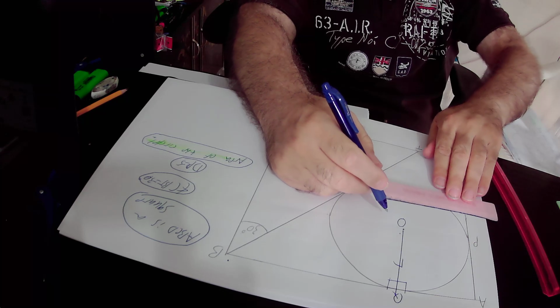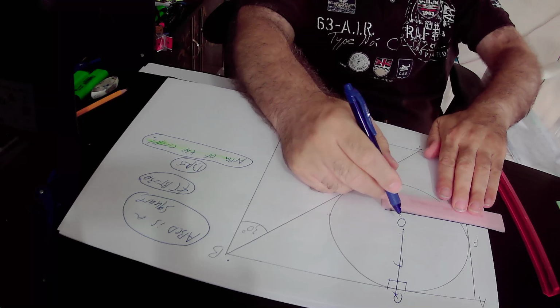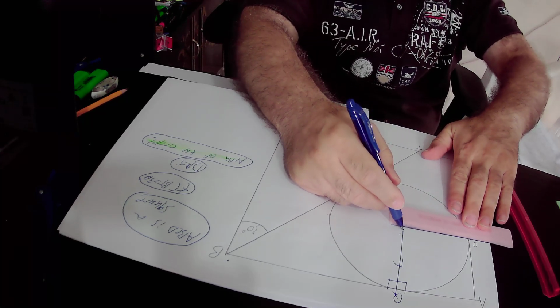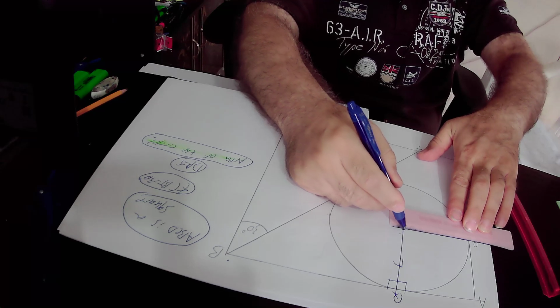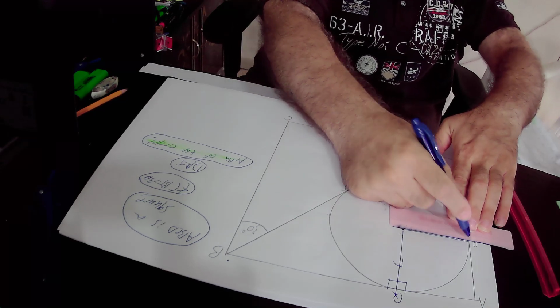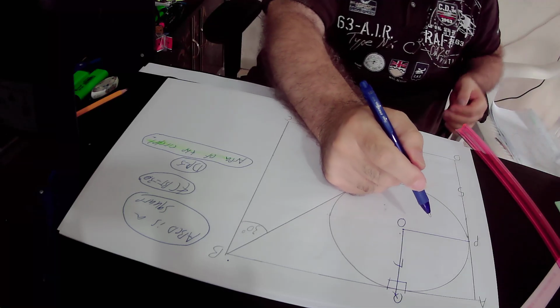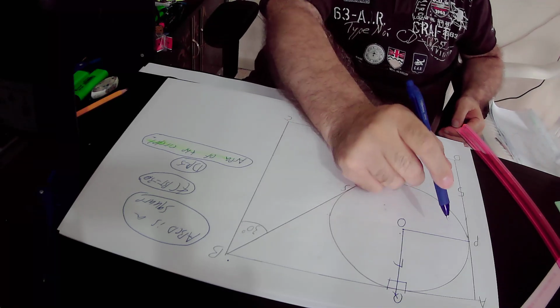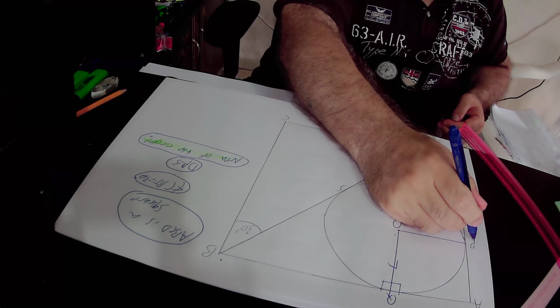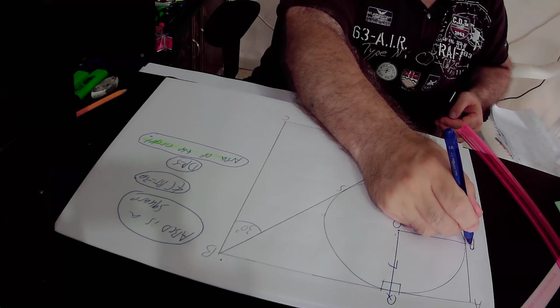Likewise, we join points O and P together by a straight line. Point O is the center of the circle. Point P is a point on the circle itself.